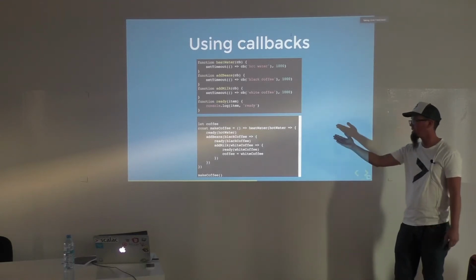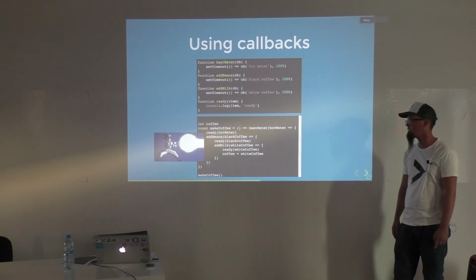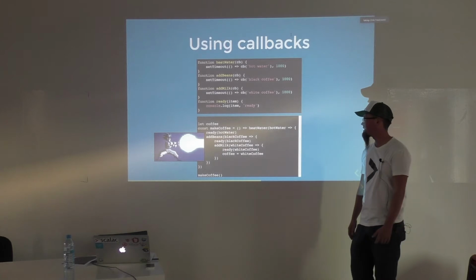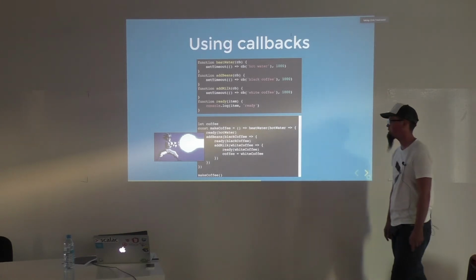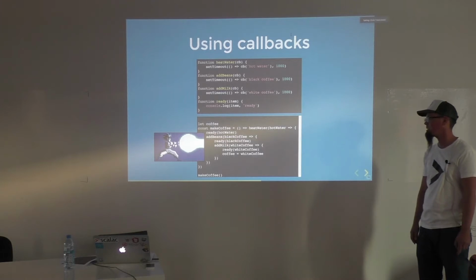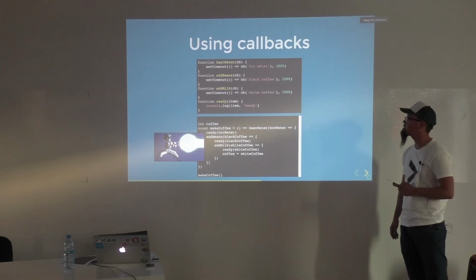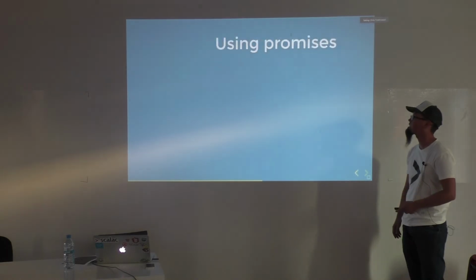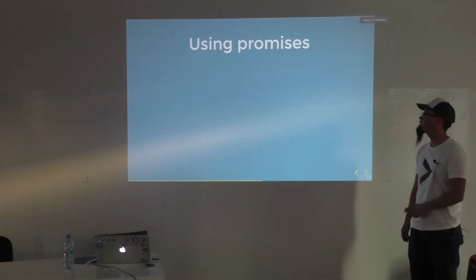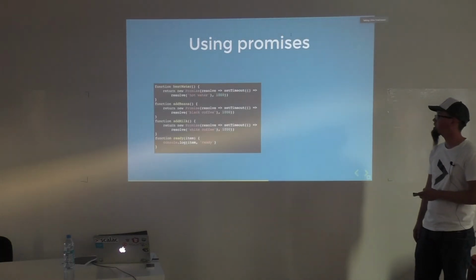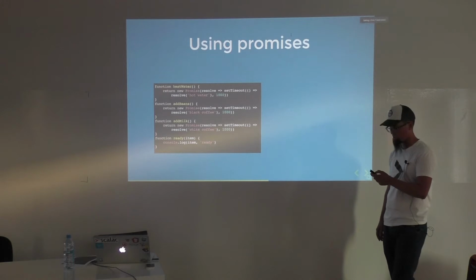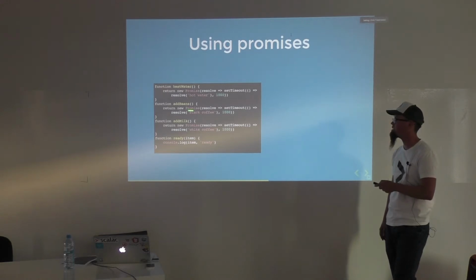But looking at this feels a bit like this. Most of us have seen some kind of this code in the past. But we can deal with that with promises. So how can we do so? We've got similar helper functions here.